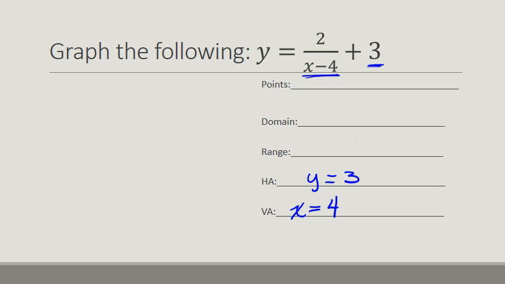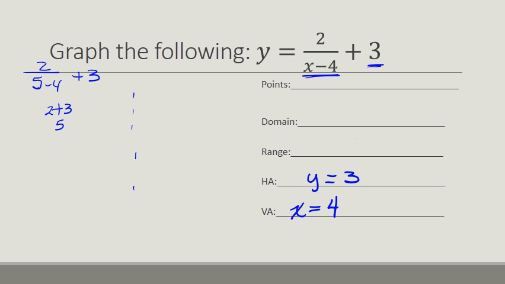So if my vertical asymptote is x equals 4, we kind of want to pick points on the other side of 4. So if I was to pick 5 and put it in this equation, 2 over 5 minus 4 plus 3 is going to give me 2 plus 3, or 5.